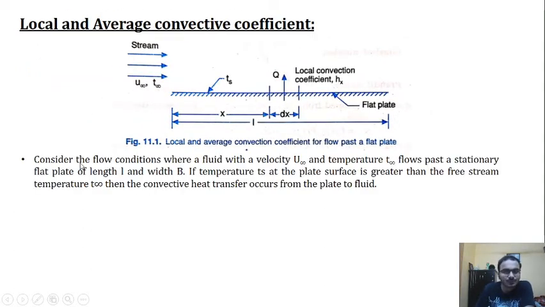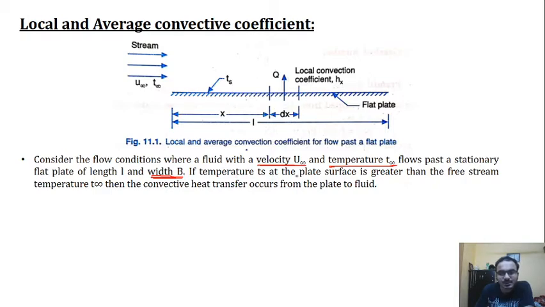Consider flow conditions where the fluid with velocity U infinity and temperature T infinity flows past a stationary flat plate of length L and width B. The width B is not visible on this screen because it is in the direction perpendicular to the screen, that is, inside the plane.